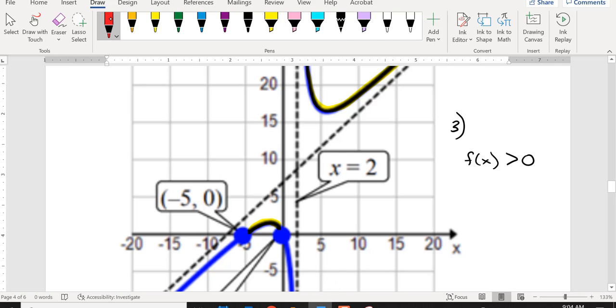All right, it can't be 0. It can't be equal to 0, so it's all of these x values. And then again, it starts here, and all of those x values correspond to y values that are above the x-axis.